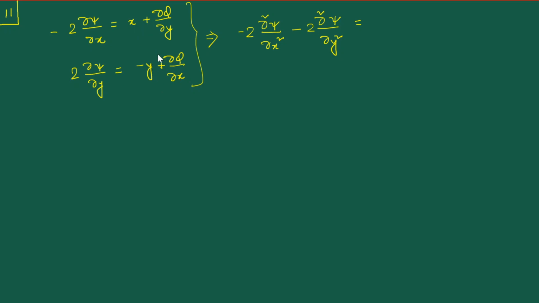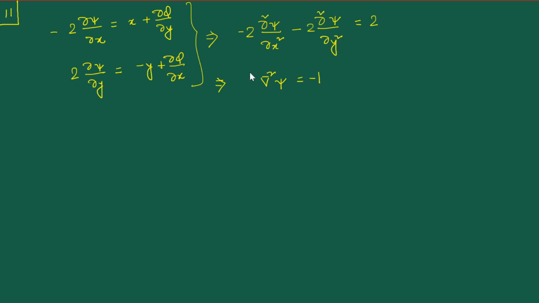So when I subtract these two, I will end up with a 2. So overall I end up with minus Laplacian of psi is equal to 1, or I can change that, del square psi is equal to minus 1. So that is the equation in terms of the Prandtl stress function.